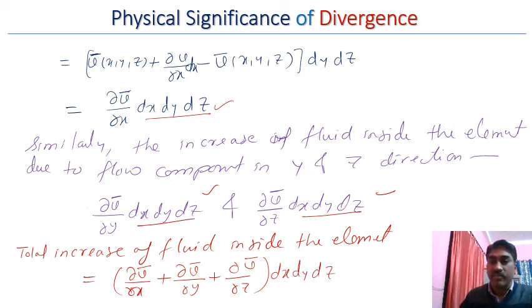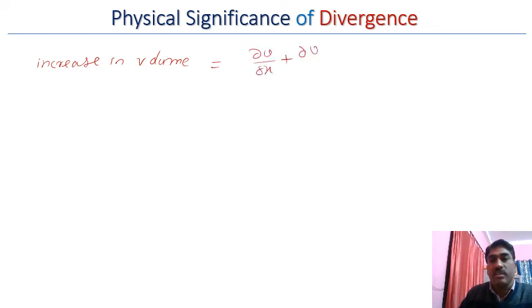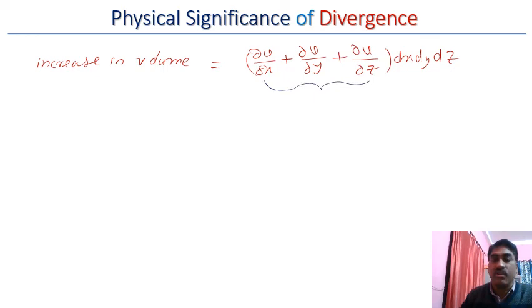So we can write this as the increase in volume. This is equal to del v by del x plus del v by del y plus del v by del z into dx dy dz, and you can see this is the divergence of the velocity v. So we will write it as del v dx dy dz.